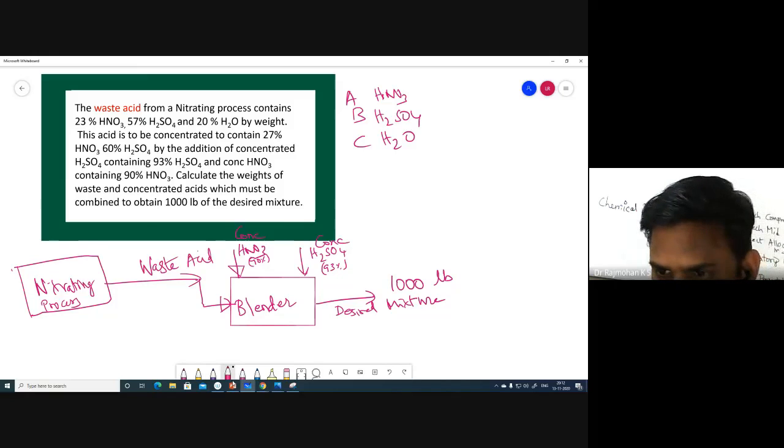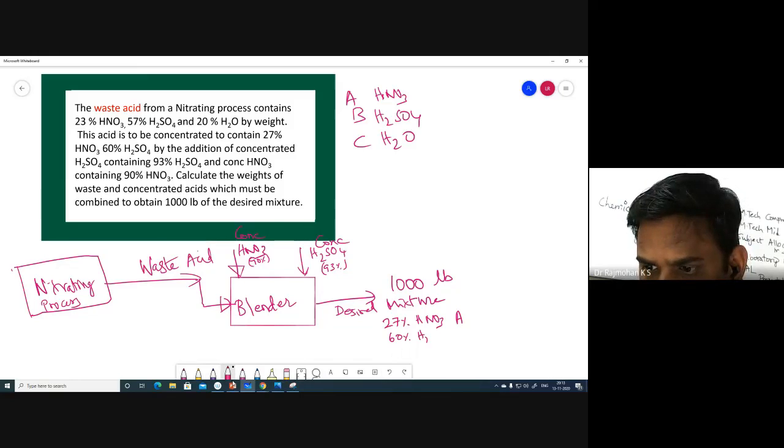And composition is also known. What is the composition? The desired thing: 27 percentage HNO3, that is A, 60 percentage of H2SO4, that is B. Remaining is water.